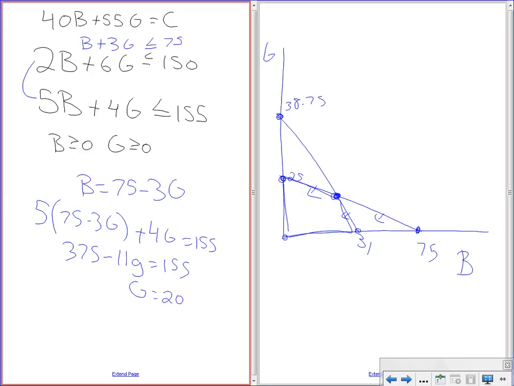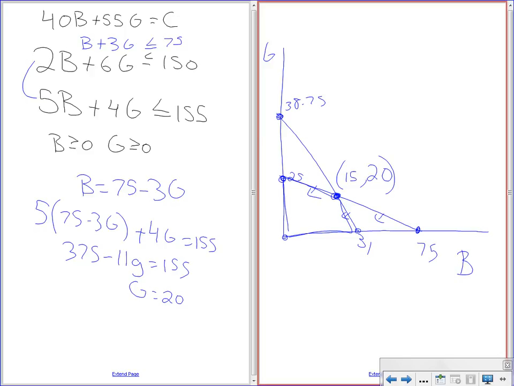Now the value of G is my y coordinate. Do you agree? So to figure out the x coordinate, B plus 3 times 20, B plus 60 is 75. What's B? 15. Excellent.